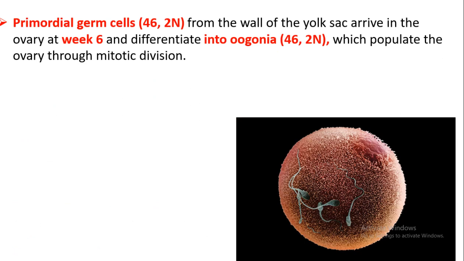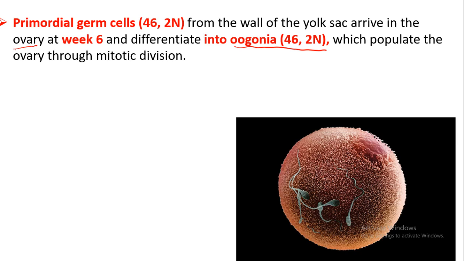The same thing will happen whereby the primordial germ cell from the walls of the yolk sac arrives in the ovary at week 6, and they differentiate into what we call the oogonia. So there we had spermatogonia, now we have the oogonia.